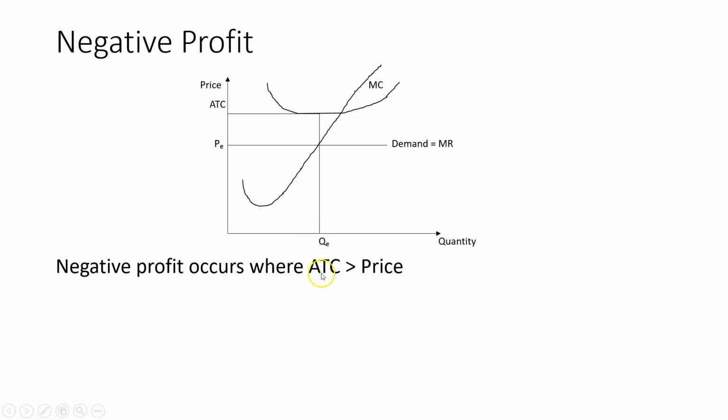So we can tell that a negative profit occurs where average total cost is greater than price. If this is the case, we now have a quandary. We have maximized our profit and it is negative. What do we do then?